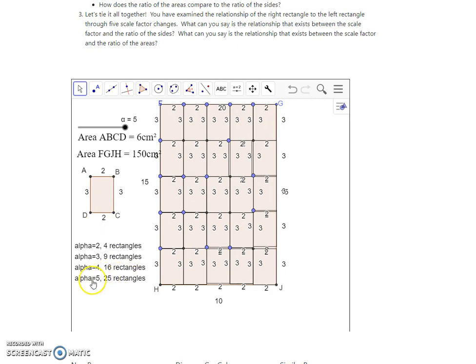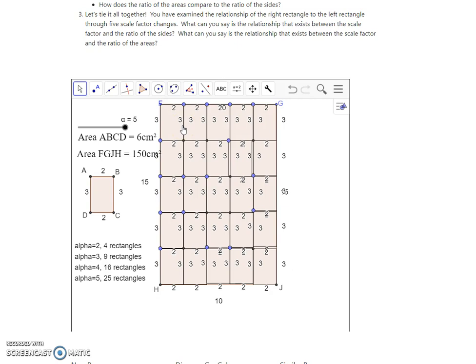But it took 25 rectangles to fill in. And so if I look, 2 squared equals 4. 3 squared equals 9. 4 squared equals 16. 5 squared equals 25.